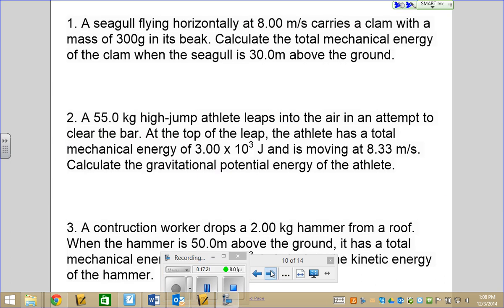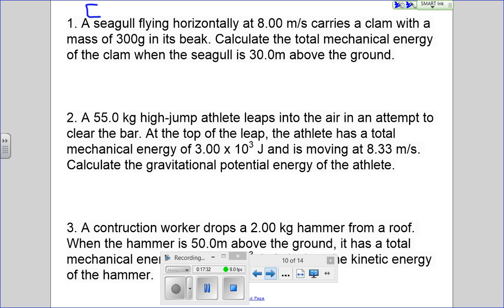So in this first section, we're focused on mechanical energy of an object that is neither at its highest nor its lowest point. So in all of these examples, we are basing them on this idea. Mechanical energy is the sum of potential and kinetic energy.